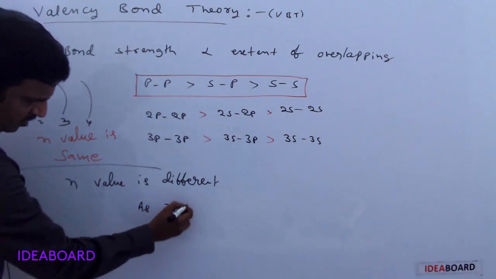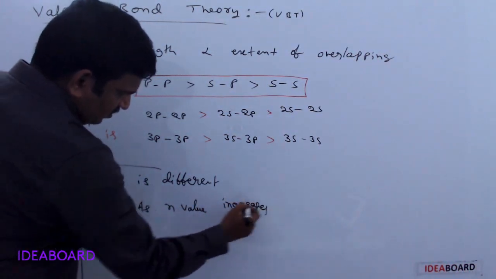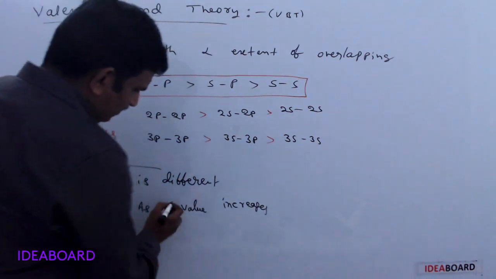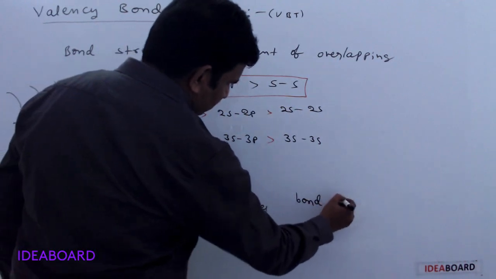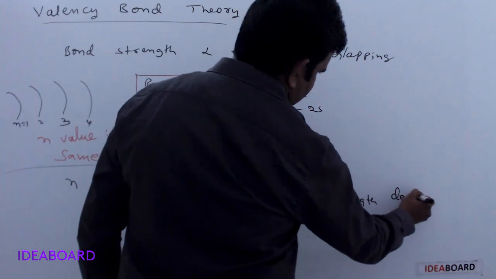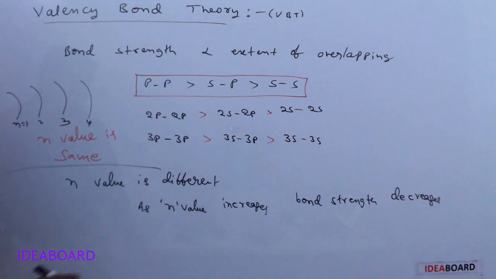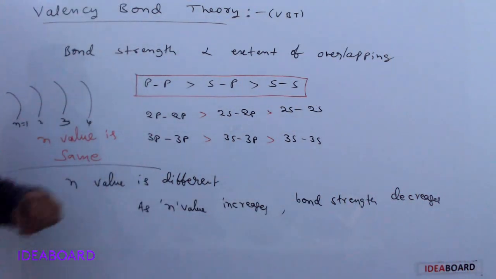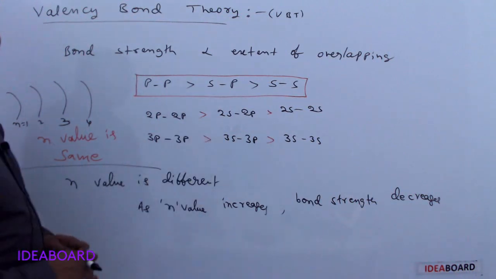As n value increases, bond strength decreases. Suppose n value is increasing, then bond strength decreases whenever we have different n values. If the overlapping orbitals are having different n values, then the bond strength decreases.